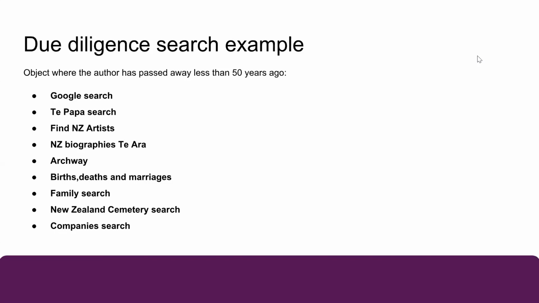When you're looking at cemeteries, I know it sounds quite morbid, but you're looking at gravestones, you're looking for death dates, you're looking to see if there's a wife or a husband or any children with the same kind of names that may have been related, and if they've passed away as well. The other place to search is the Companies Office search as well, which has a register of directors' names and addresses, which are usually all publicly available too.